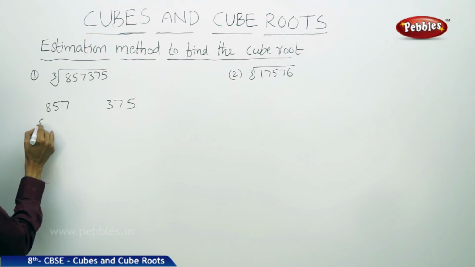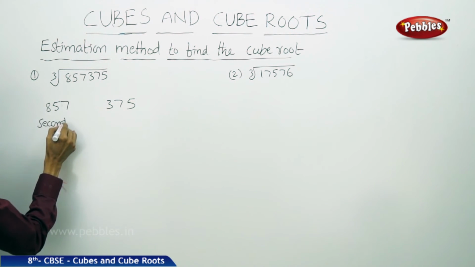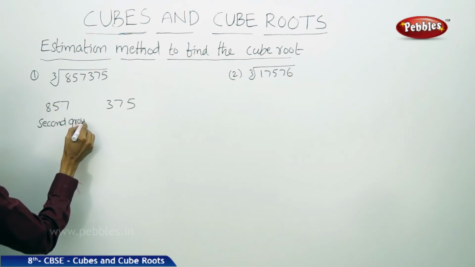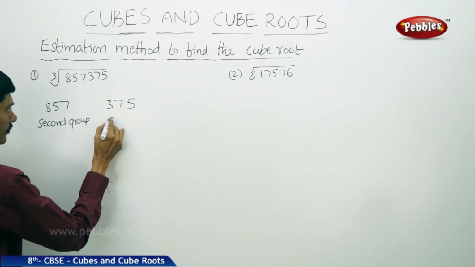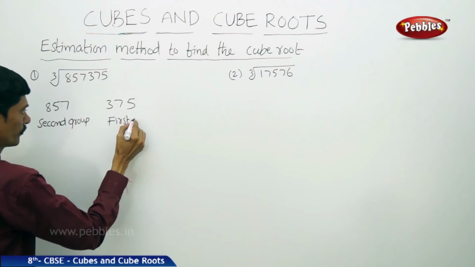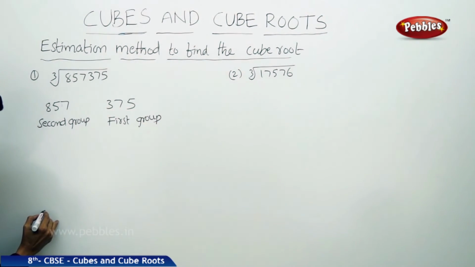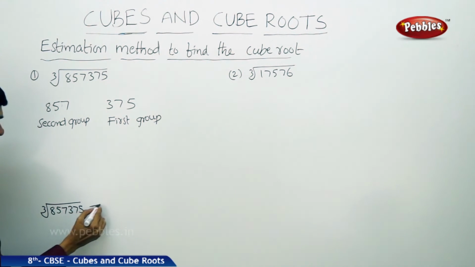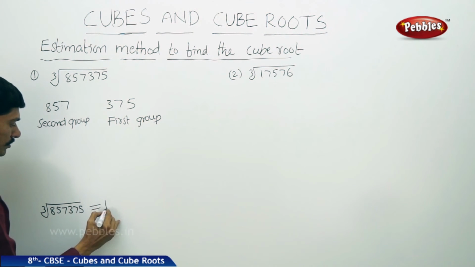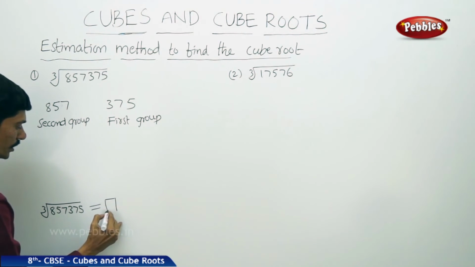So here we need to find the cube root of 857375. Its cube root has 2 digits, ones place and tens place.